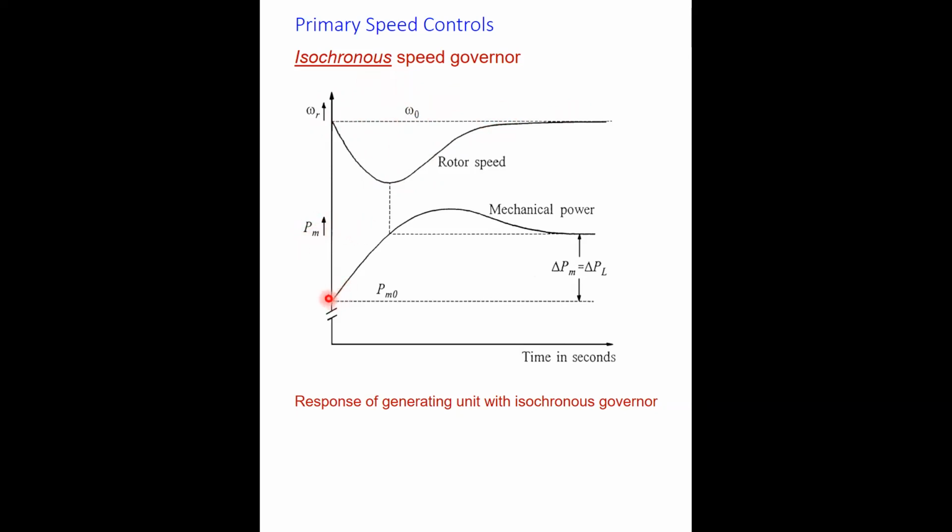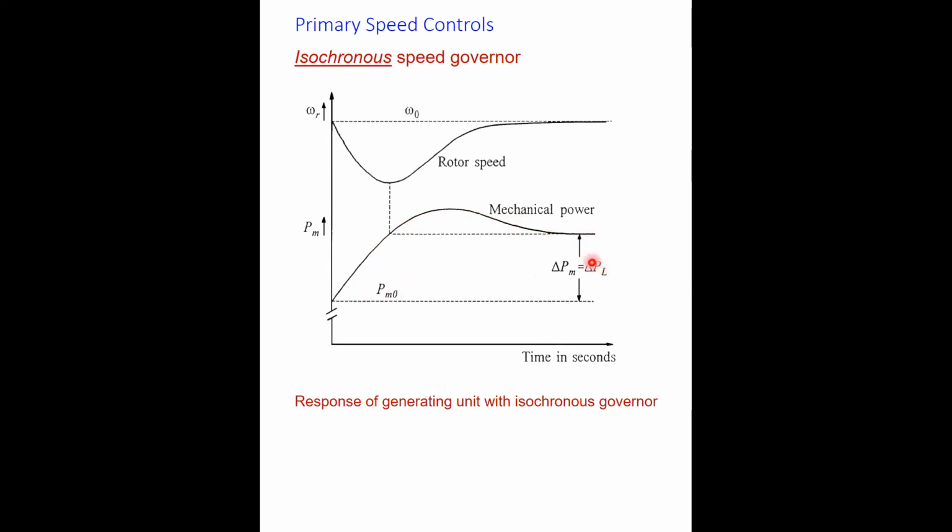So this was the initial power. That means the turbine power at the steady state condition. And following the load increase, at this instant of time, you have the increase in the power through the governor. So you have the increase in the power, and then it settles down to this value.